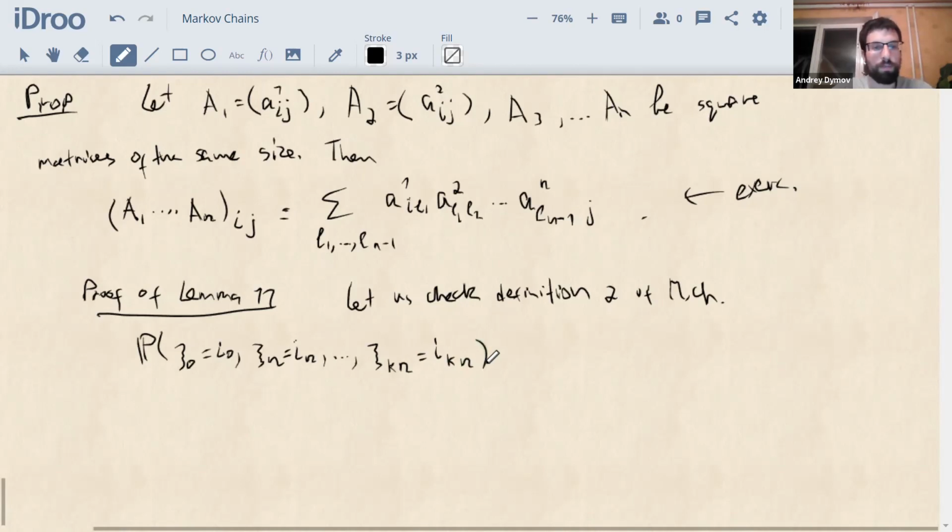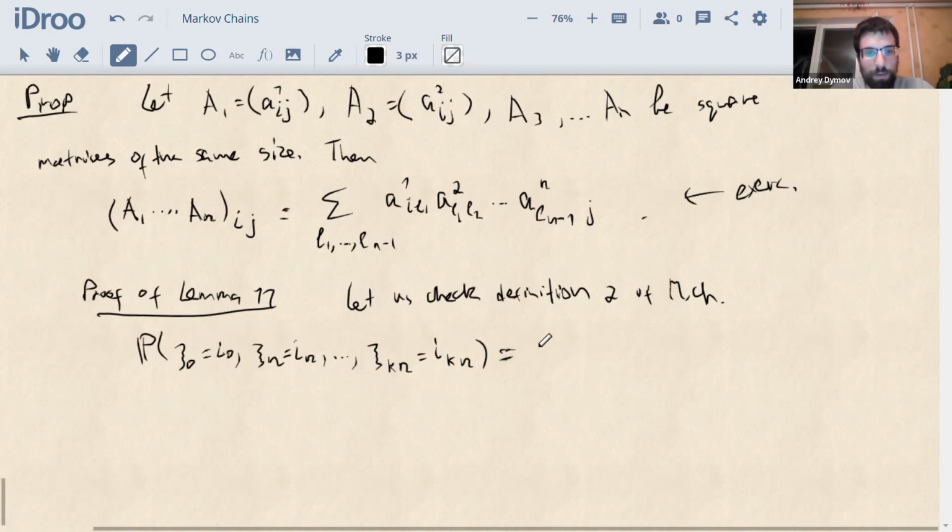I should show that this probability equals the initial probability to be at the position i0 times the transition probability of my new Markov chain, if this is a Markov chain indeed, to pass from i0 to i_n, and so on and so forth.